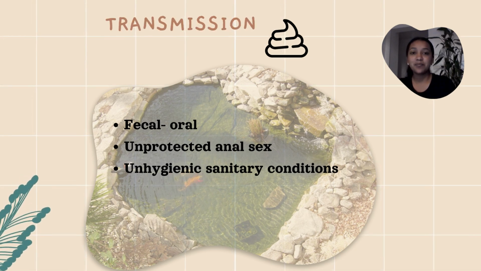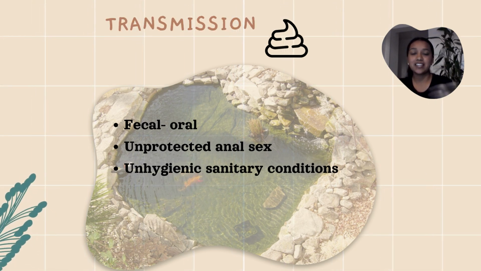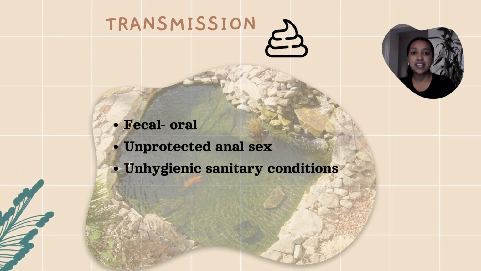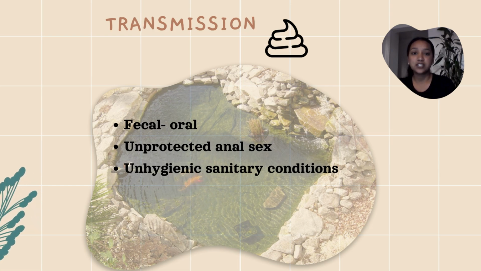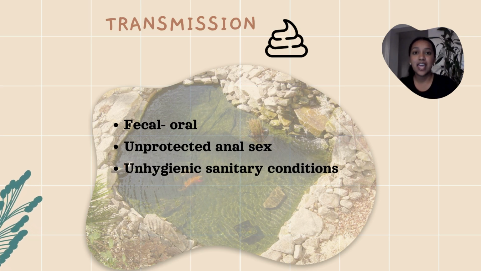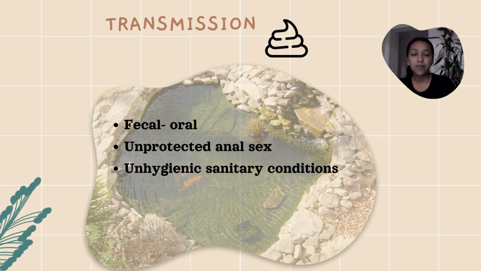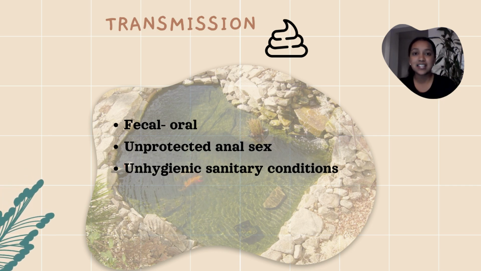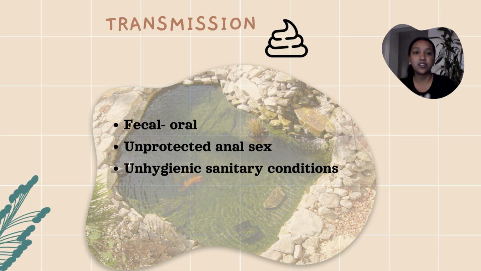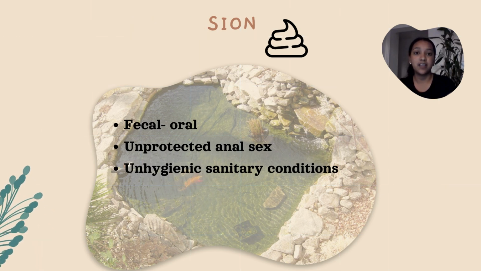The transmission mode for Giardia lamblia is the fecal-oral route, whereby this parasite can contaminate food and water sources, which can later be ingested by a person, and this could cause an infection. It is really rare, but it can also be transmitted through unprotected anal sex. And lastly, unhygienic sanitary conditions or practices can transmit Giardia.